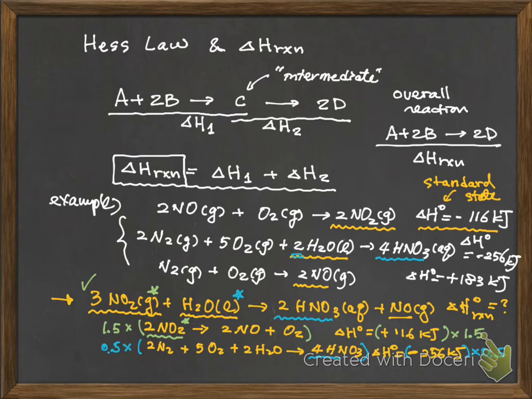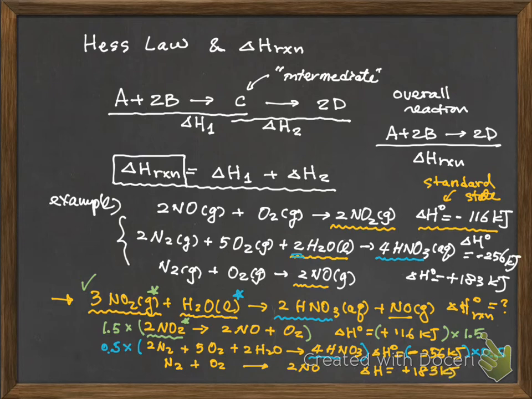So I am going to write the third equation, N2O2 becomes 2NO, and the delta H will be the same value, plus 183 kilojoule.